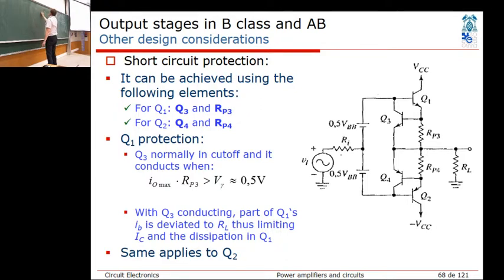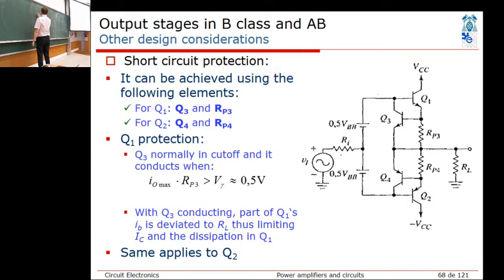So normally when we don't have any problems, this just runs as normal, but if you start to get too high currents here, then this transistor opens up and takes some of that. That was Q1.